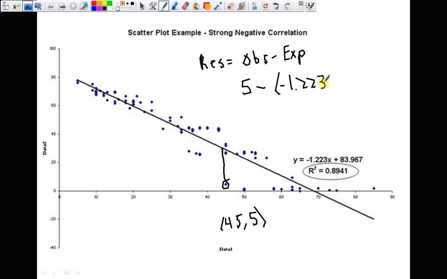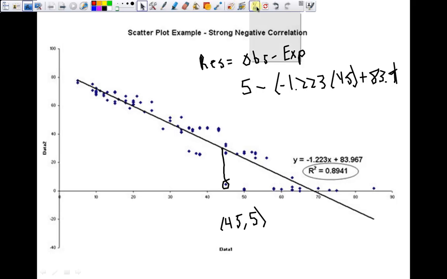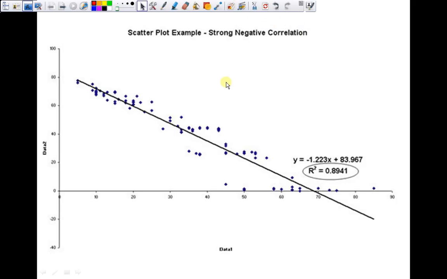The observed was 5, and the expected is when we put 45 into the least squares regression equation. And I'll just call it 83.9. So that's a little bit about residuals and what the least squares regression line is.